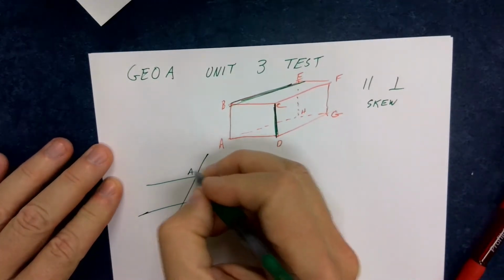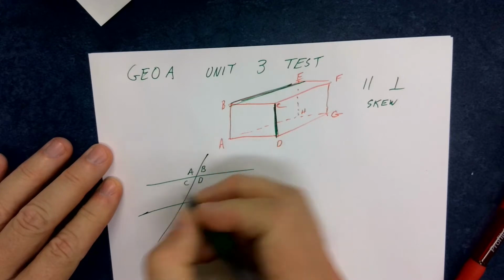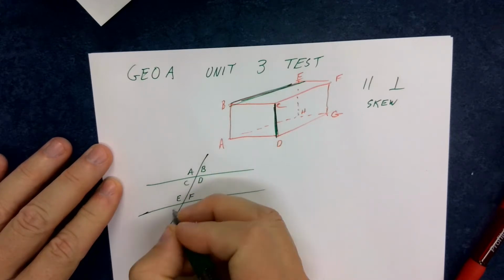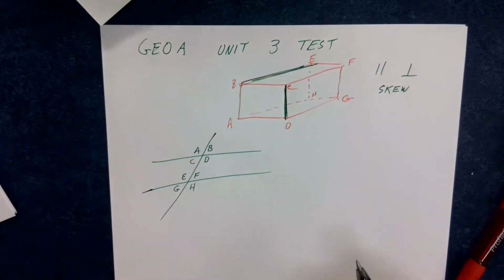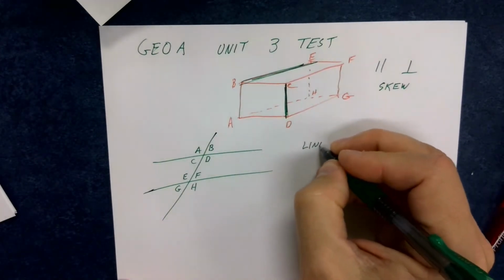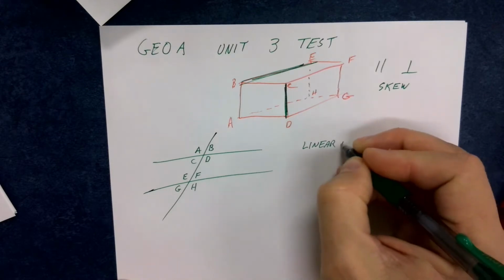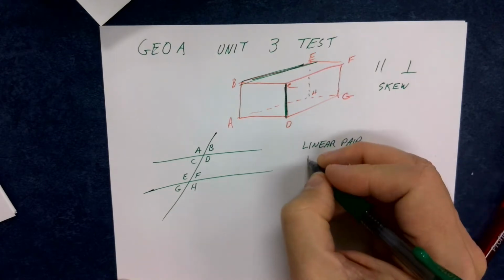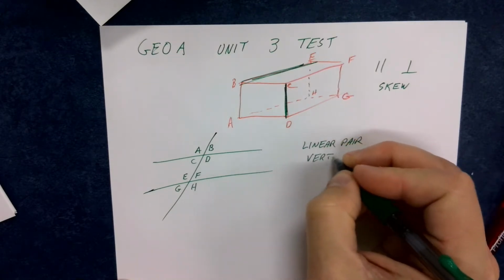If I have A, B, C, D, E, F, G, and H, we need to know all those angle relationships. So what the heck is a linear pair? What the heck is vertical angles? Know what those are.